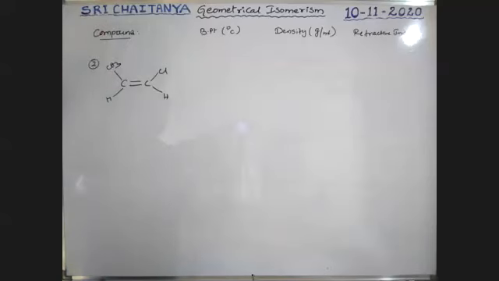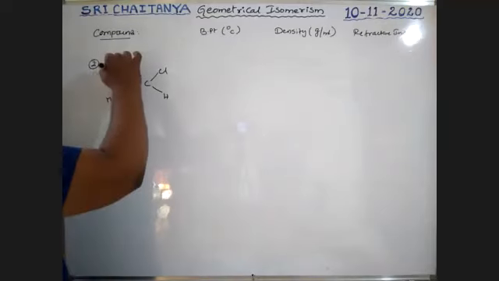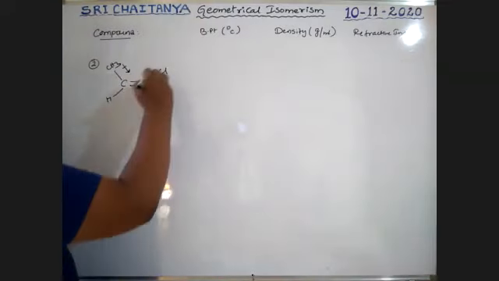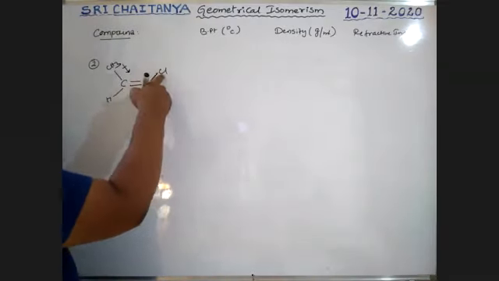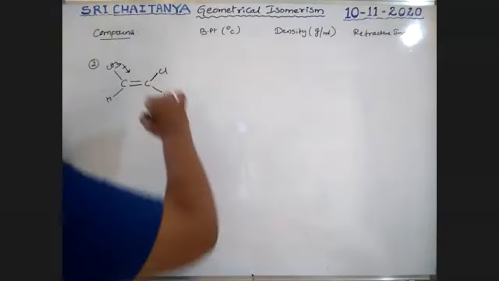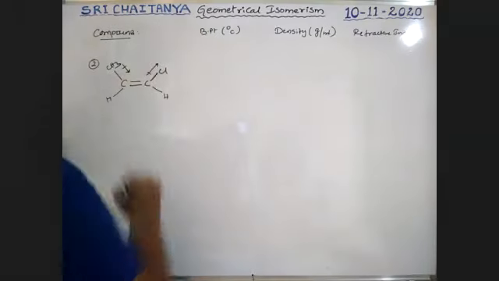Let us discuss its dipole moment, boys. It is the cis compound. Here the methyl group pushes toward carbon, this is the way of the dipole moment. But here chlorine is more electronegative than carbon, so positive to negative, boys. It is positive, it is negative. Therefore the dipole moment is in this direction, like this.